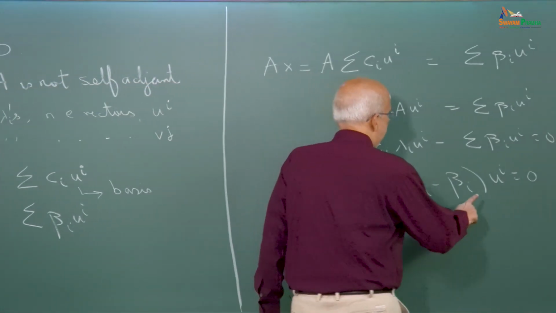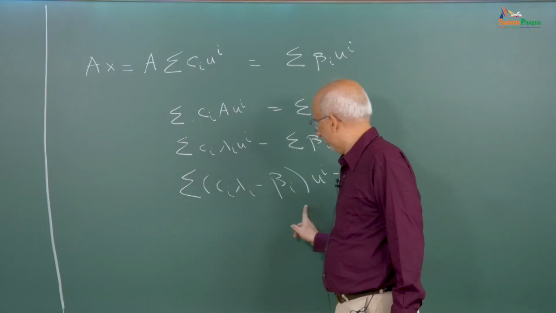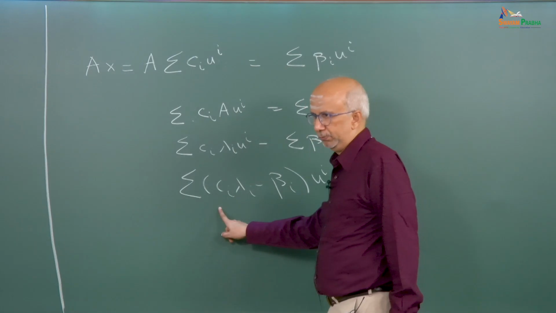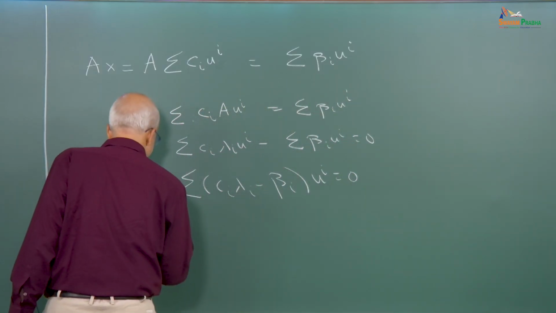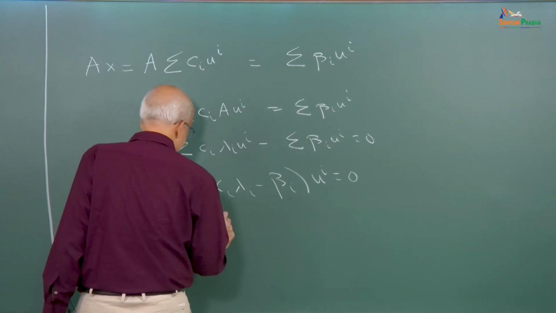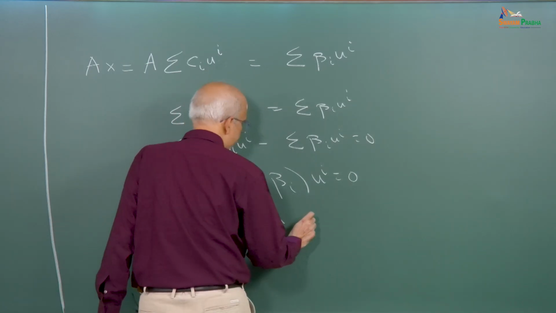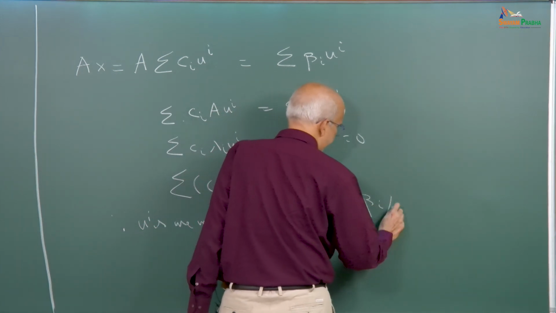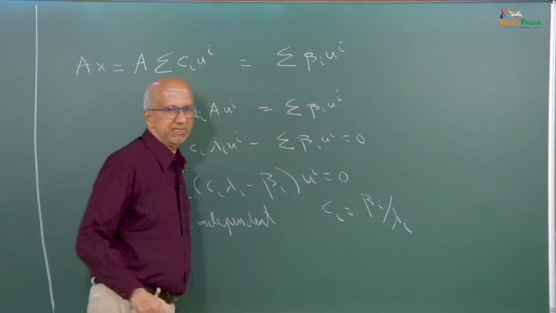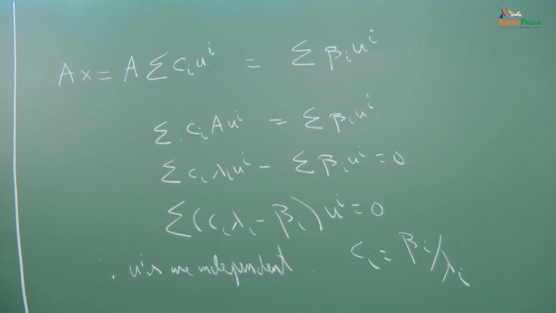Because the ui's are independent, that means the coefficients have to be 0, so we have ci must be equal to beta i divided by lambda i. This is the same, ci is beta i by lambda i, whether A is self adjoint or not.